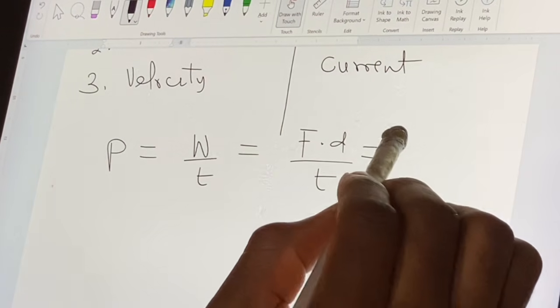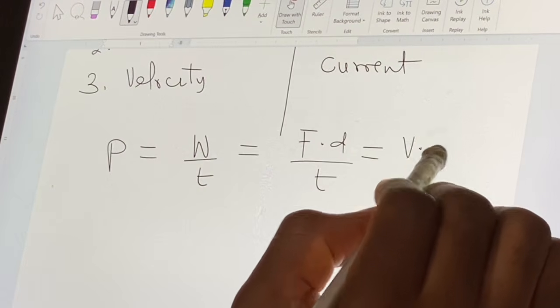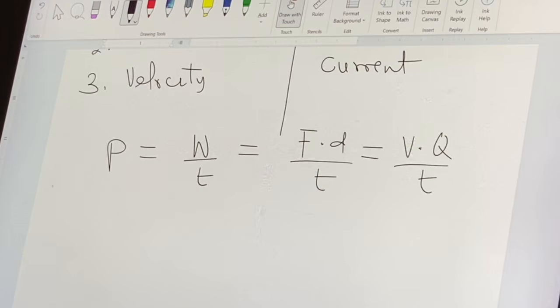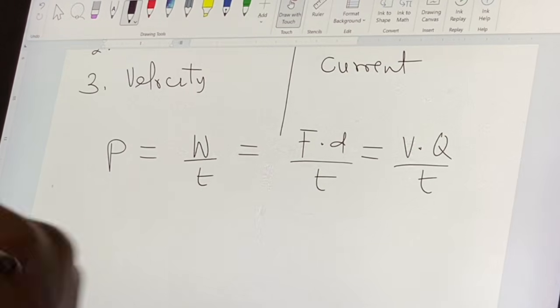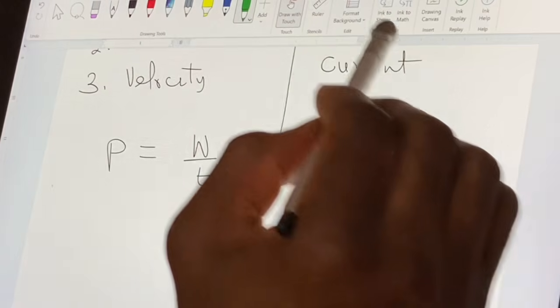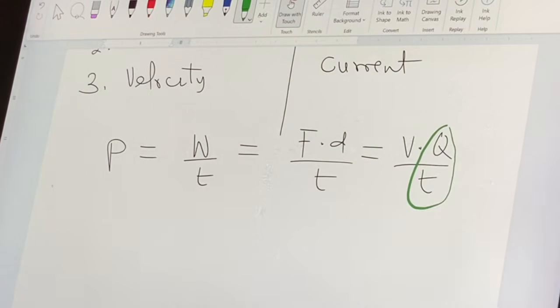Force is voltage, distance is charge, over t. Time remains the same both in mechanics and electricity. Now the only thing that defines a quantity here is charge over time taken, and charge over time taken defines current. That is Q over t defines current.